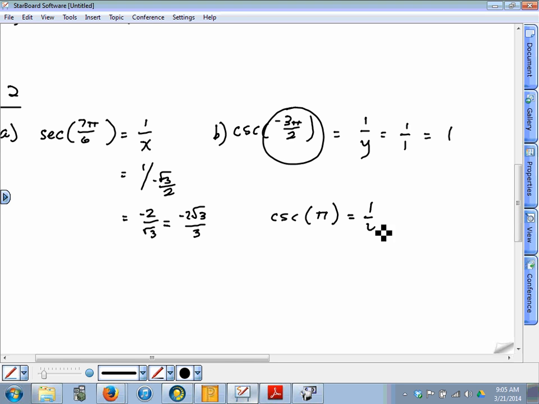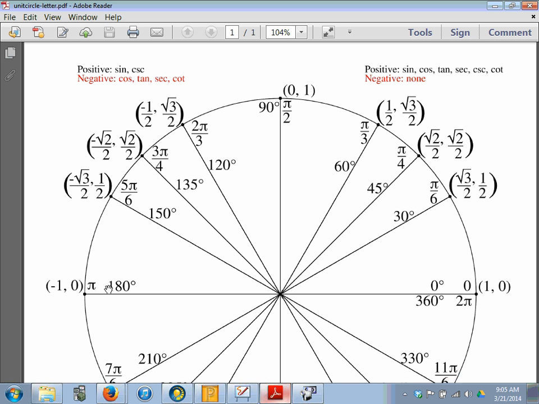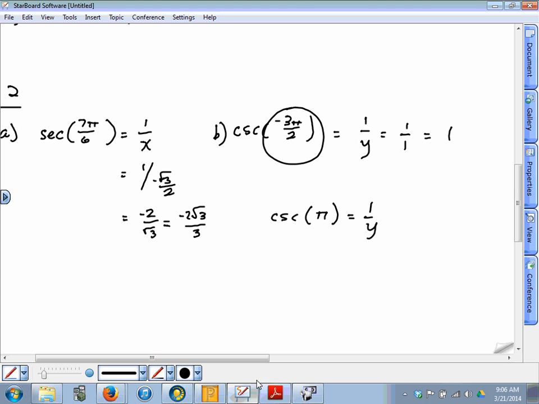Well, the definition is still 1 over y. And if you look at the unit circle, pi radians is right here, but the y value is 0. So it would be 1 over 0, which is undefined. So you just answer that as undefined. That will happen a number of times on your homework.